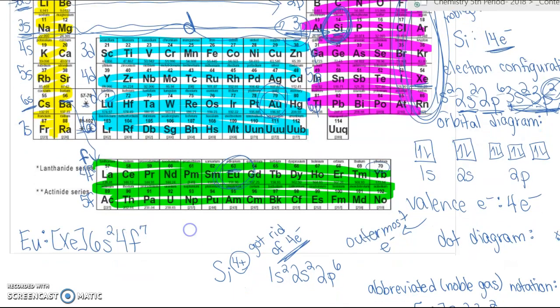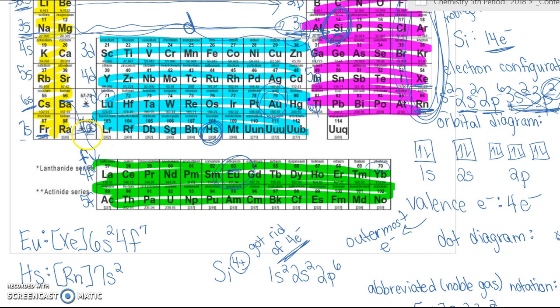Okay, let's do Hs, the abbreviated noble gas notation. The noble gas that's before that is right there, Rn. So put that in brackets. And then remember, we're picking up right here. So that's 7s2.